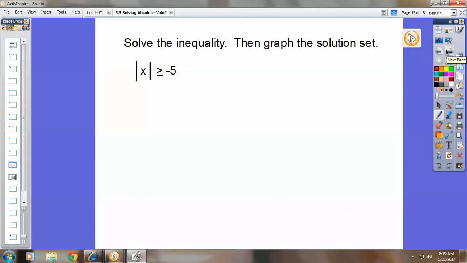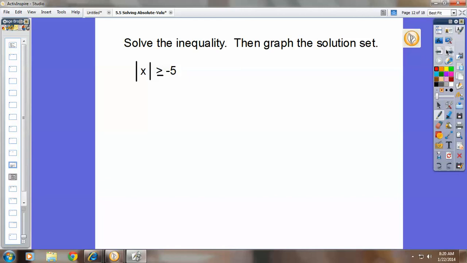So let's look at some examples. Here's our first one. It says the absolute value of x is greater than or equal to negative 5. So in other words, the distance from 0 is greater than or equal to negative 5. So I want to know how many units away from 0 can I be greater than or equal to negative 5? Well, let's solve.